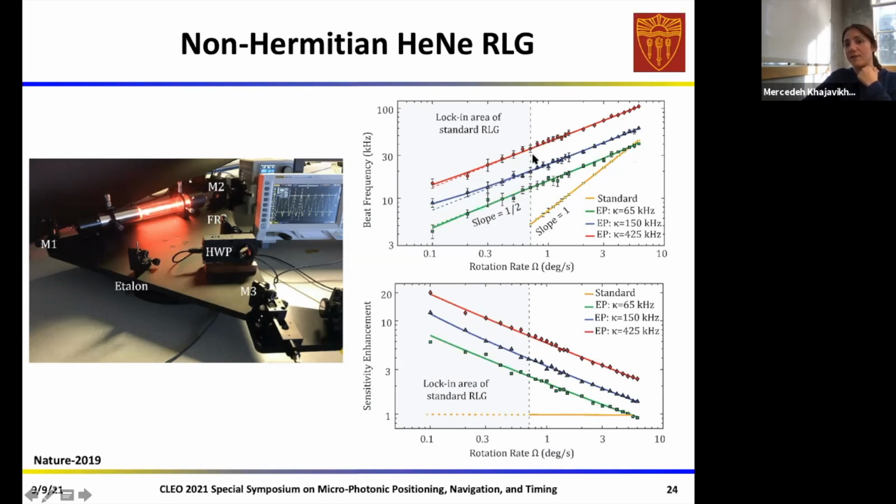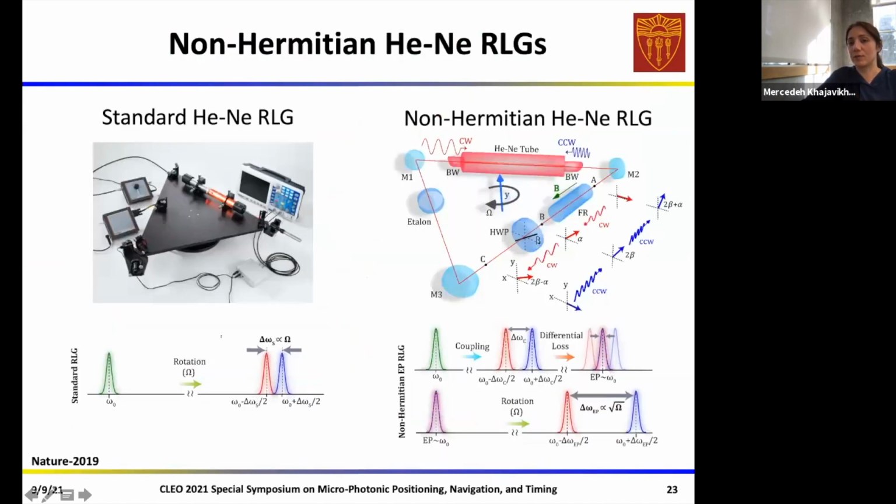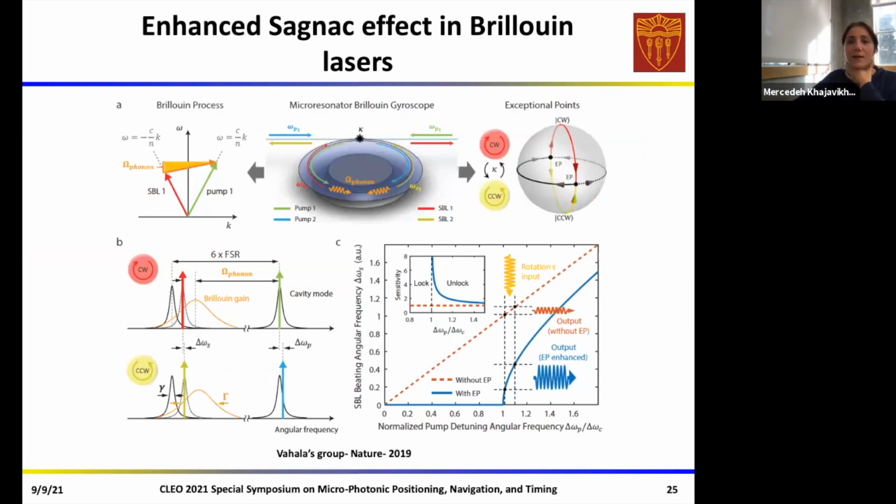And back to this equation, you can see that you can also use delta G or delta kappa as a way to improve the sensitivity as well. And that's what we did too. Here we measured the beat frequency directly, so we didn't measure each of them separately and calculate.